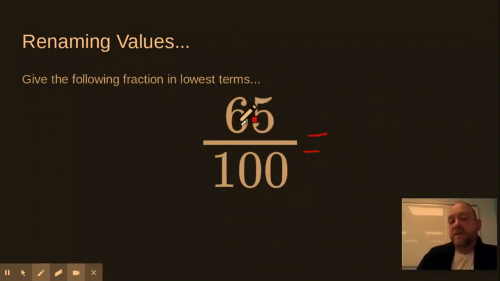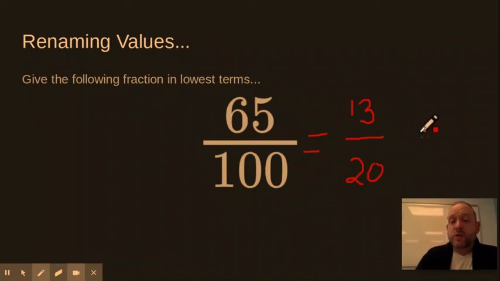If I divide 65 by 5, well, I know that 5 times 12 is 60, so this would be 5 times 13. I also know that 5 times 20 is 100. So all I did was divide both of these numbers by 5.